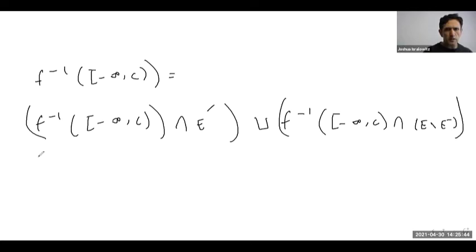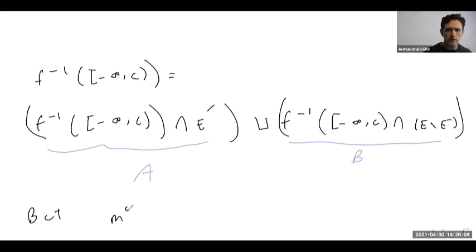Okay, so let's say this set here is A, and let's say this set here is B, for lack of anything better to call it. Right, so obviously the measure of A is 0, or outer measure of A is 0.